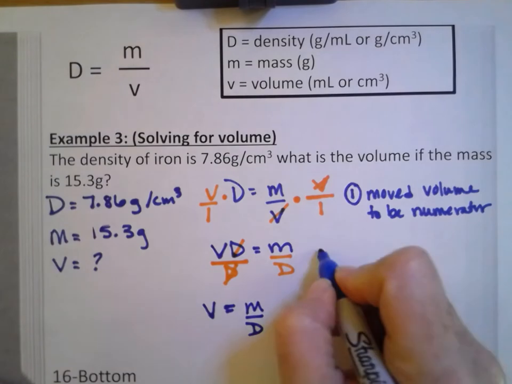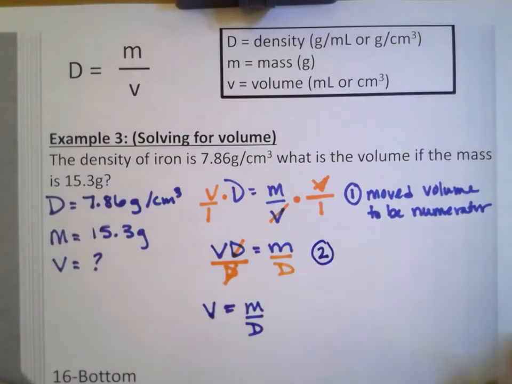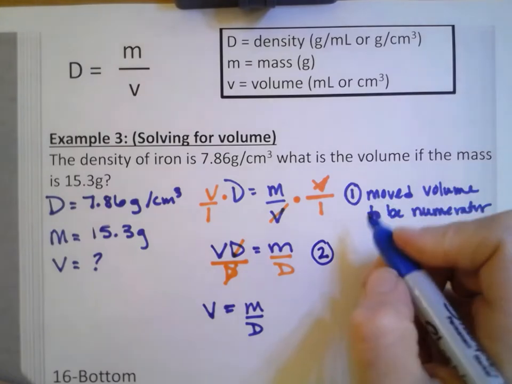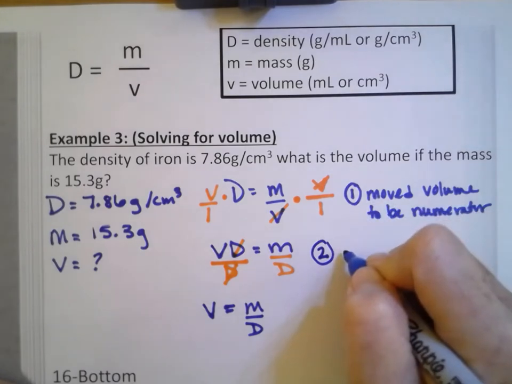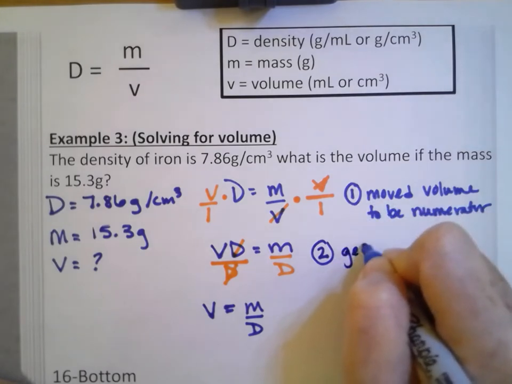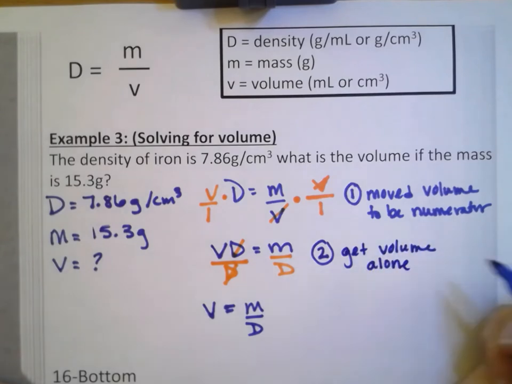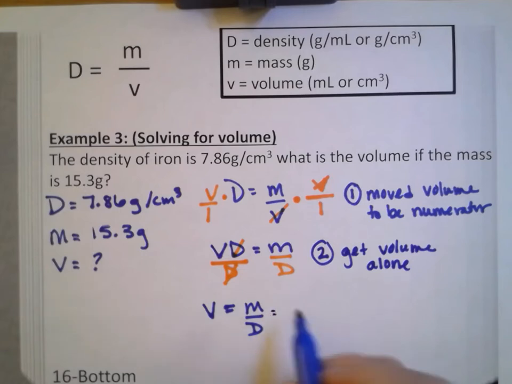This arrangement right here was rearranging to get v alone, get volume alone. And if I take a look here, I'm set up to solve for volume, so I'm good to go. I'm going to just put the little equal sign next to this fraction because these are equivalent, and then I just plug in the numbers.